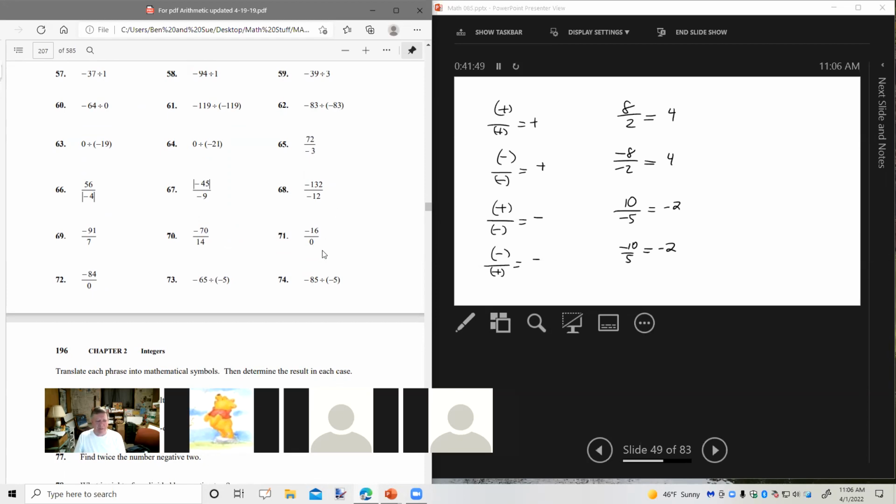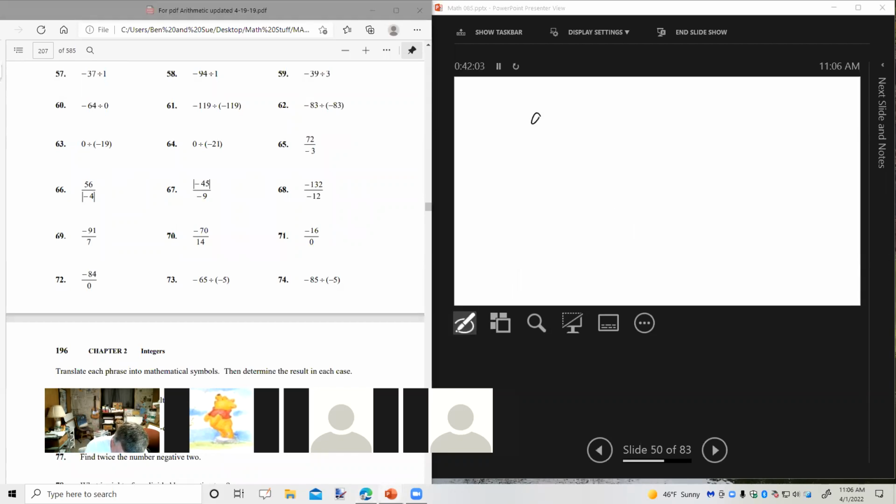Let's take a look at 71. Here we're dividing by 0. Have you ever heard the expression, it's all fun and games until somebody loses an eye? Well, there's a t-shirt that says it's all fun and games until somebody divides by 0. And we say that dividing by 0 is undefined.